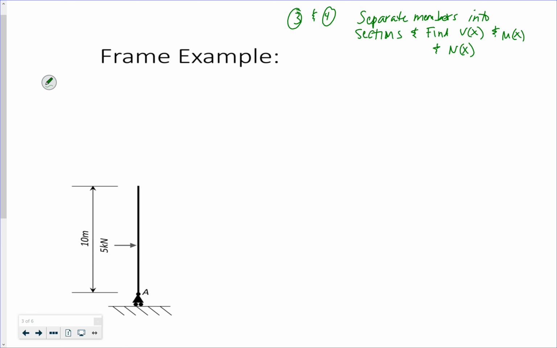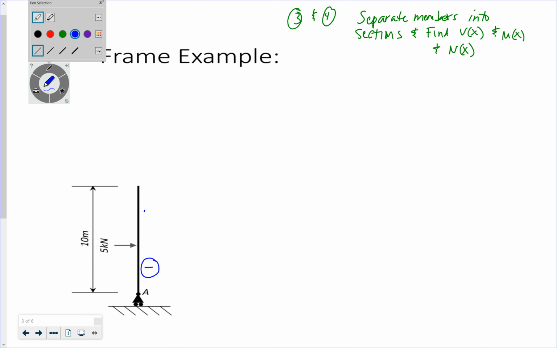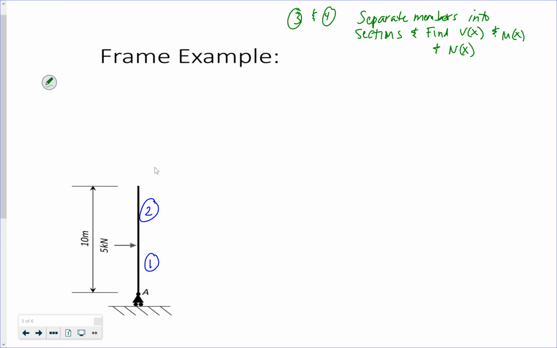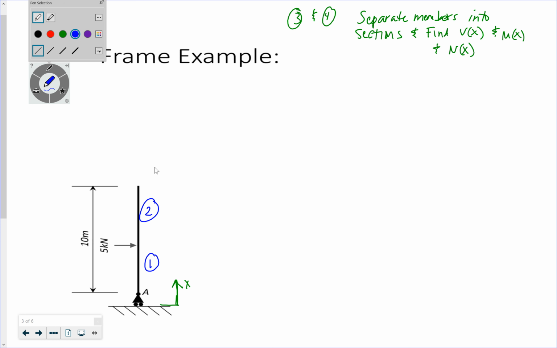So I've got 2 sections. All right, one before and one after if I assume my x is going this way. You could also call it y because it's vertical, if you want. So let's see. For 0 to 5 meters, right? That's where that happens.